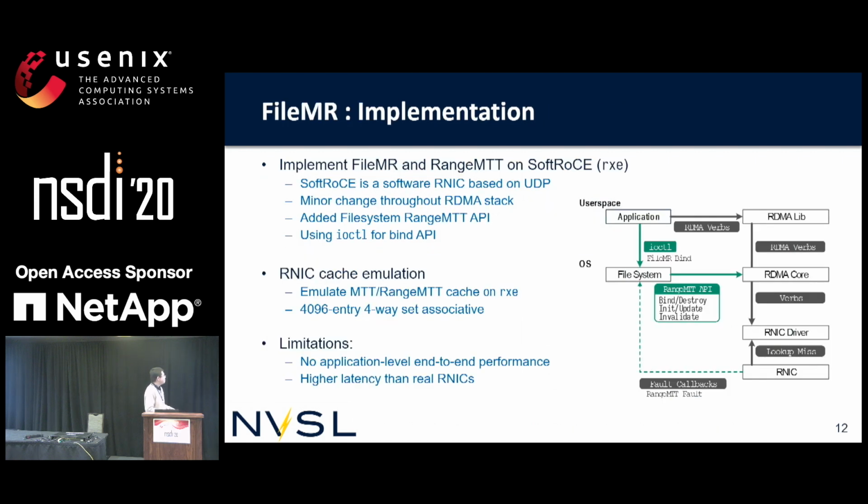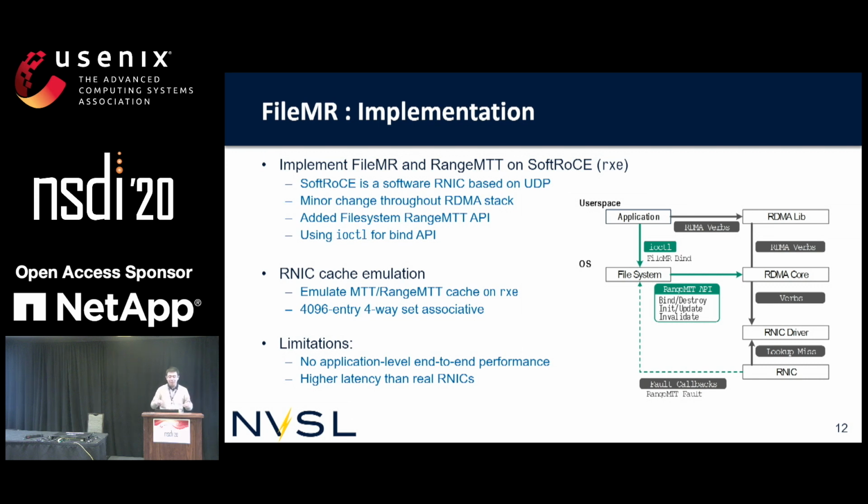We implemented FileMR and range-based translation on SoftRoCE. SoftRoCE is basically a software RNIC implemented on top of UDP. The right side shows all of the changes we have made.